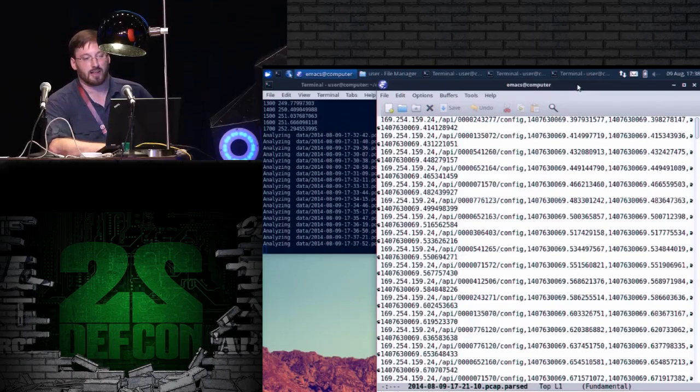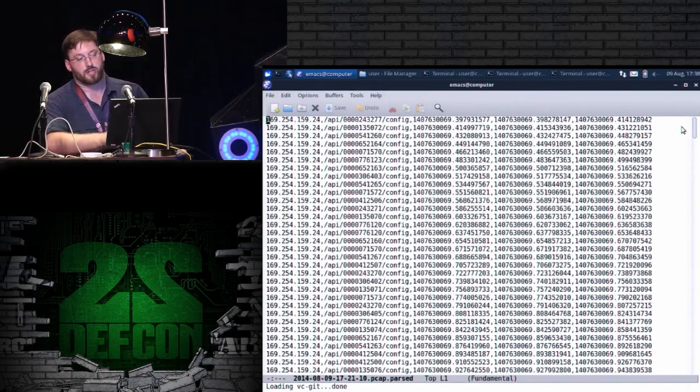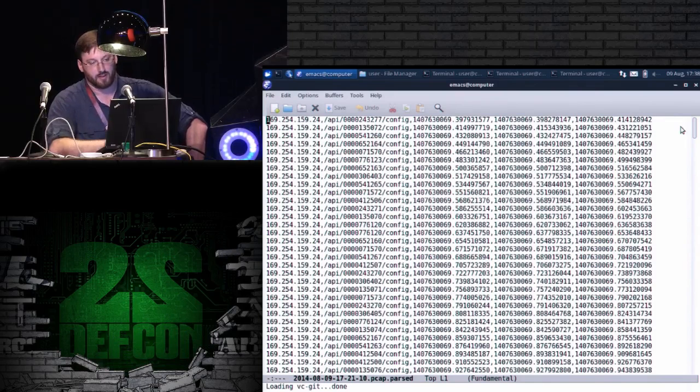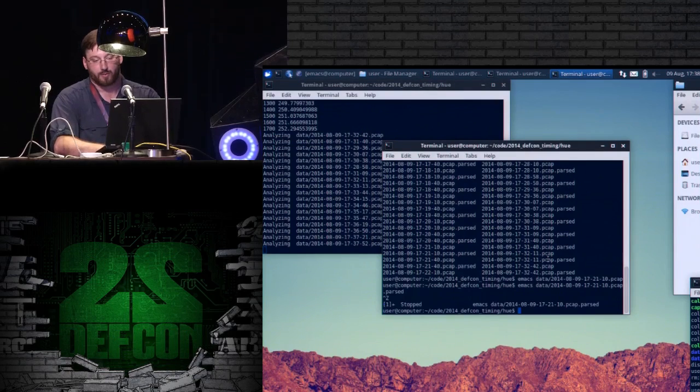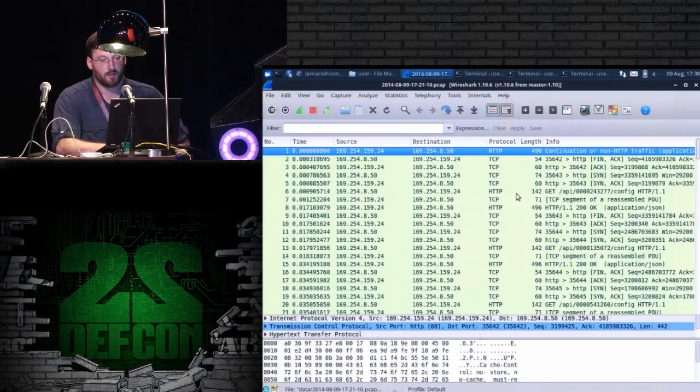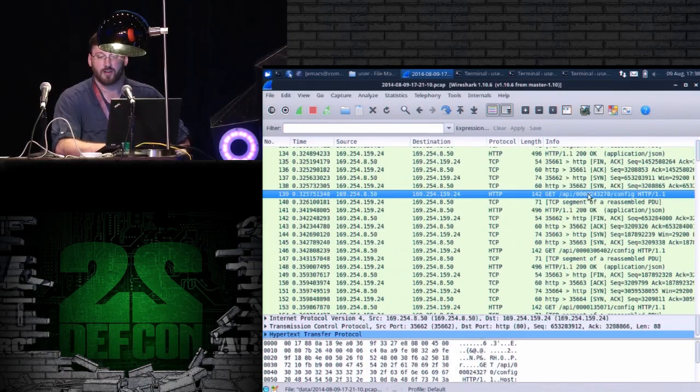This is what the data looks like after I've processed it. What these are showing is the relative differences in packet arrival times as we interrogate the unit. So if we look at the raw data with Wireshark, we can see the conversation that I was telling you about with the device here.